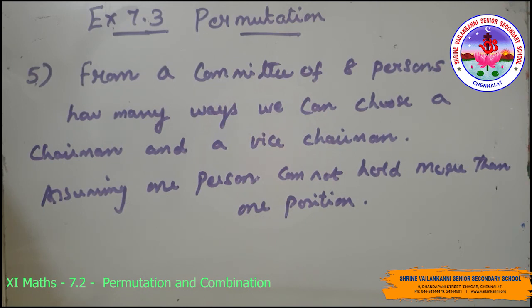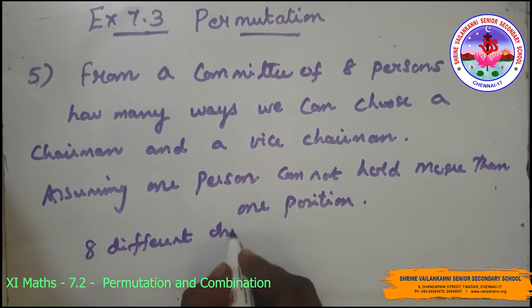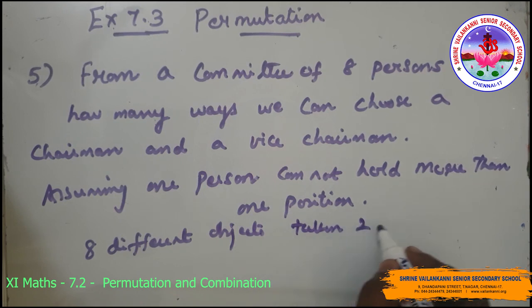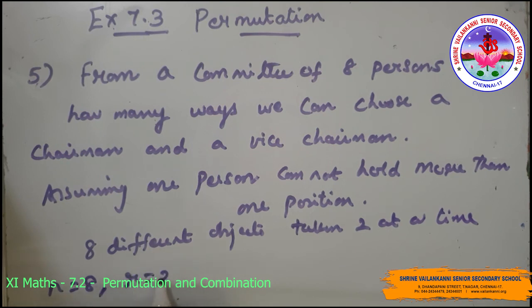So the number of ways of choosing a chairman and a vice chairman is a permutation of 8 different objects taken 2 at a time. That is, n is 8 and r is 2.